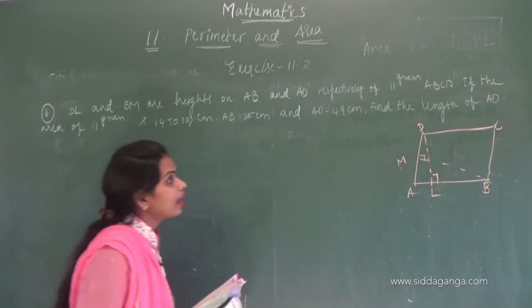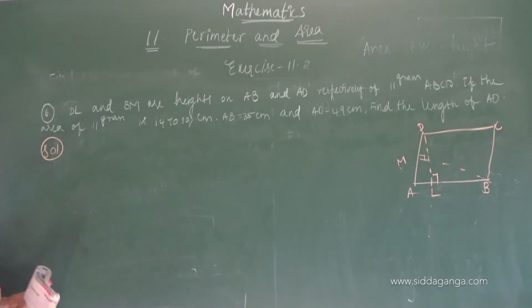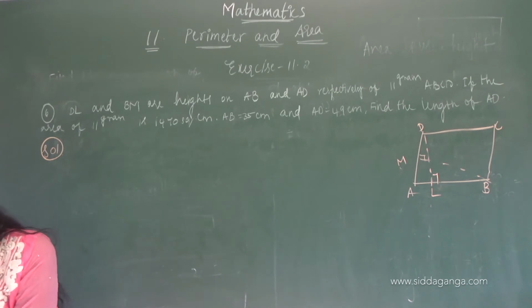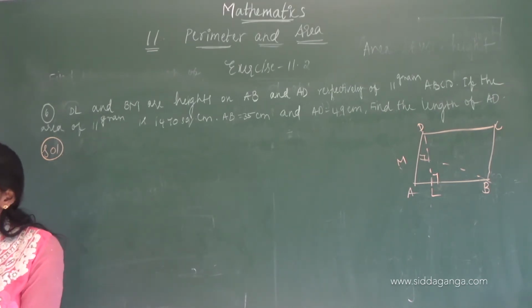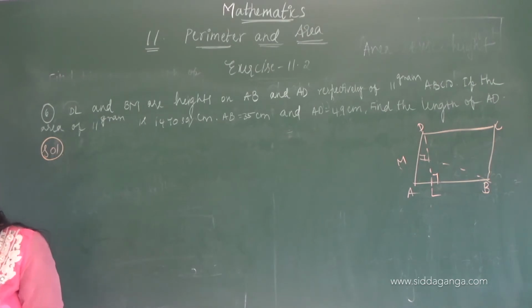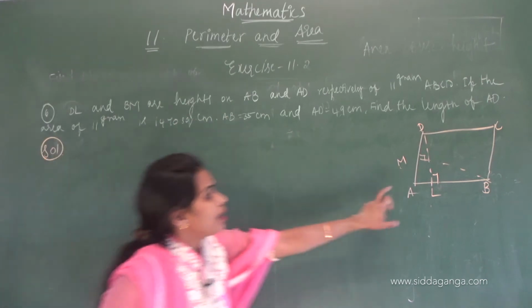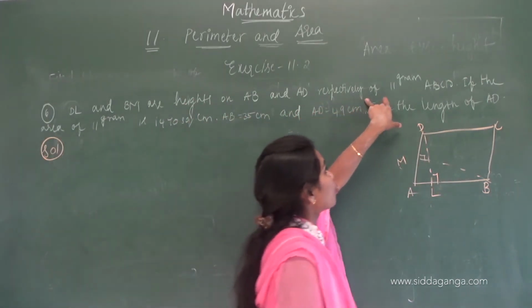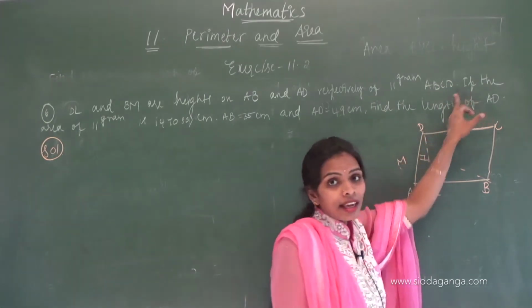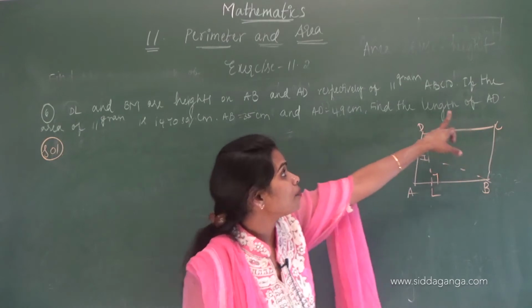Next, first see the question. See the question carefully. DL and BM are heights of a parallelogram ABCD.